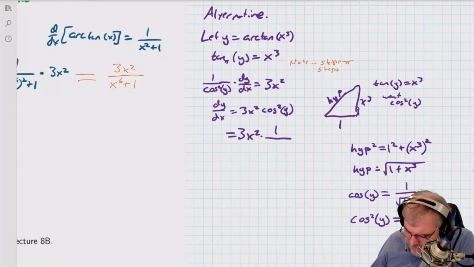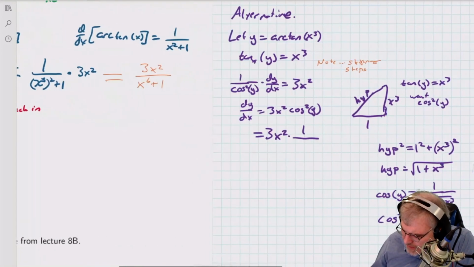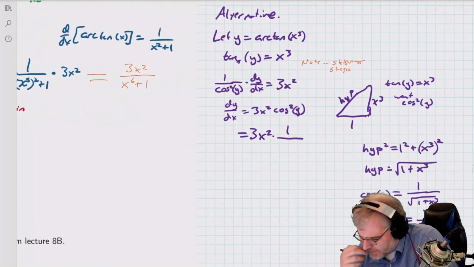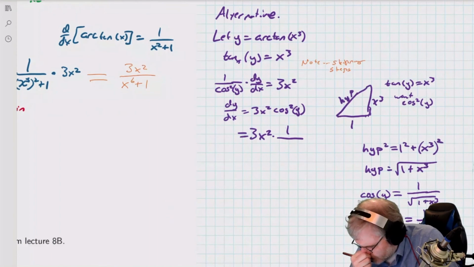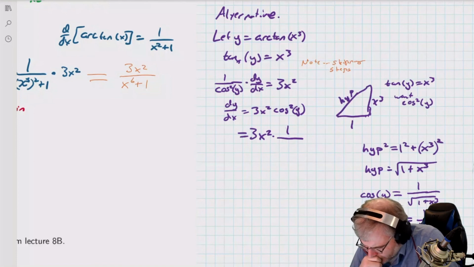I messed it up because I have an x cubed there and an x to the 6th there. What did I do wrong? And this is one of the problems, is you mess them up. What I want is cosine, so that's 1 over that.